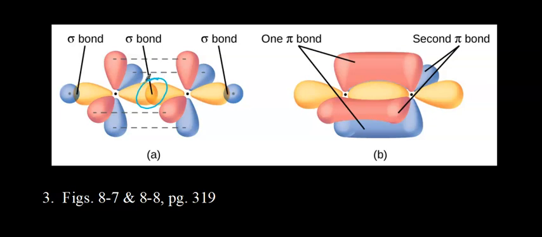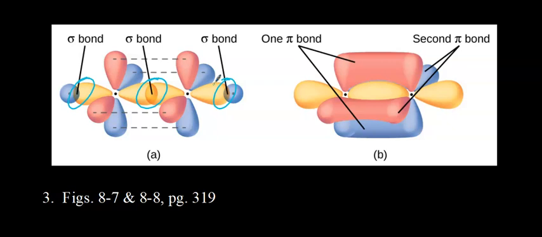And we have sigma bonds between the sp hybrid orbital of carbon and the hydrogen. One on the left, one on the right. Now we have 2 unhybridized p orbitals, so shown in pink and in blue. Not sure if I agree with how they're shown here. It's kind of hard to tell.